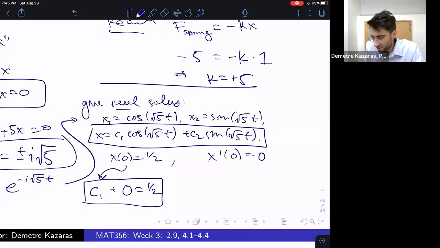Let's take a derivative of this function and plug in 0. The derivative of cosine is going to be a minus sine, and when I plug in 0, I'll get 0. And then over here, I'll get root 5 C2 times cosine of 0, which is 1. That whole thing should be 0. That means that C2 is 0.